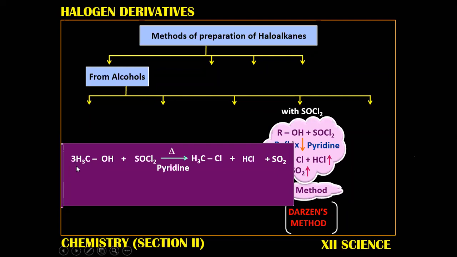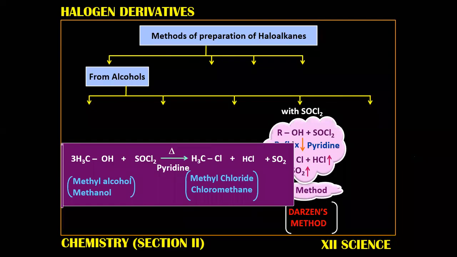Methyl alcohol, methanol. Methyl chloride, chloromethane. Names are very important. If you don't write names, you don't get marks in your HSC exams. In organic chemistry, names are compulsory.